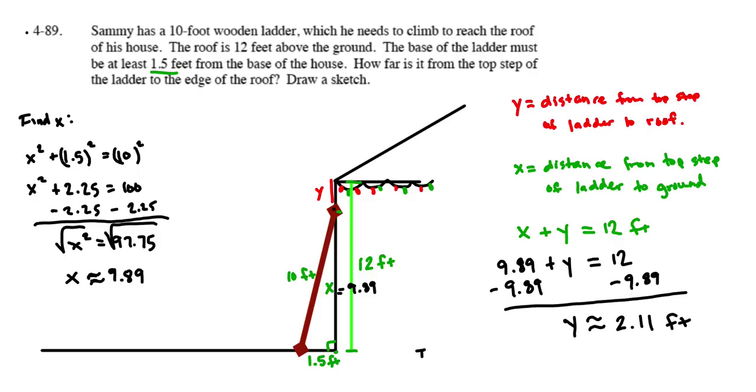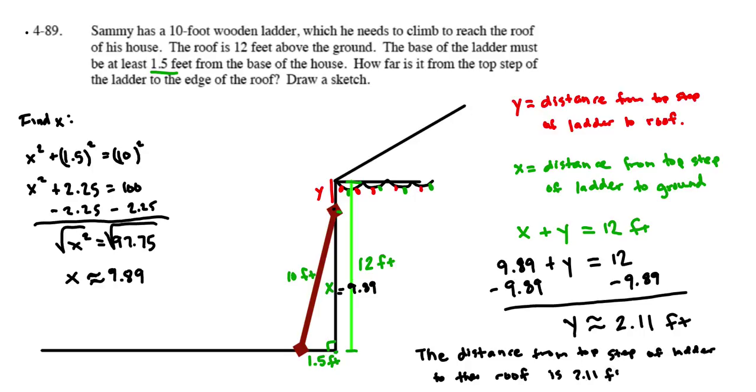So let's write it out in words. They gave us the problem in words, let's write our answer in words. So the distance from top step of ladder to the roof is 2.11 feet.